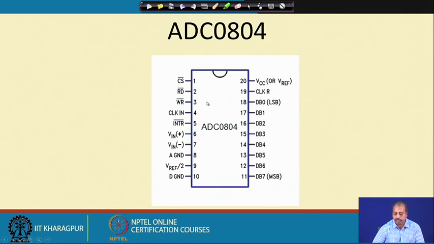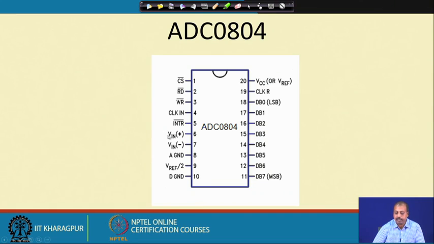So, we have this analog input voltage, V in plus and V in minus. This differential voltage is useful because it will have less error in the input that we are getting. If you are giving a single rail input, only V in with respect to ground, the possibility of error will be more.